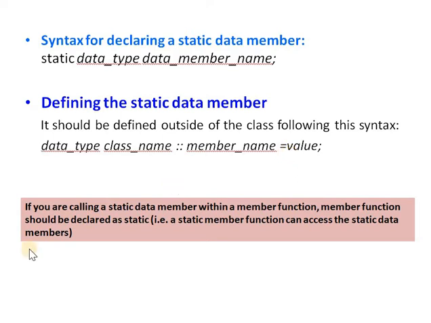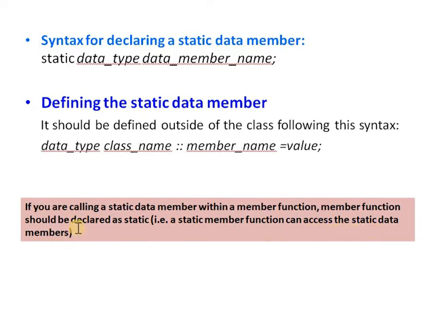Note that if you are calling a static data member within a member function, then the member function should be declared as static. That is, a static member function can access the static data members.